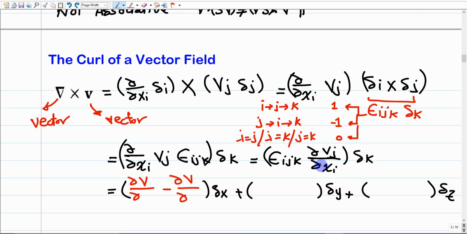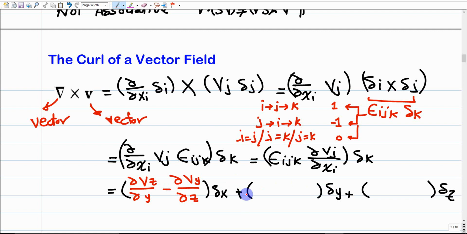For k equal to x, I should have here partial vz with respect to y and vy with respect to z, because we mentioned x, y, z, then I'm going to switch. Make sense? So this is how it works for the first term.